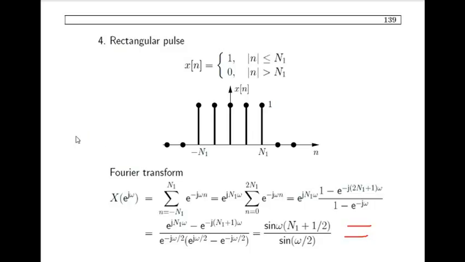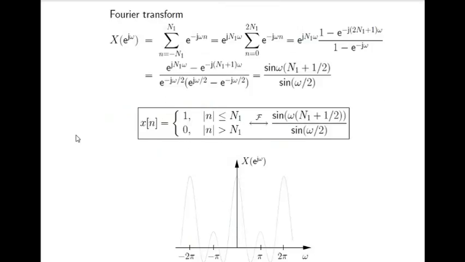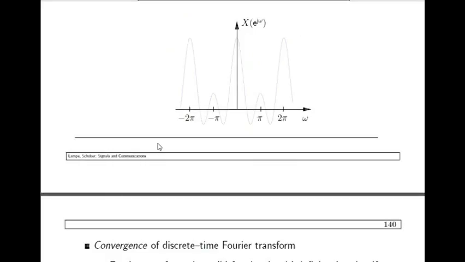Then it will be easier to solve. As you can see, this is your curve for the Fourier transform, which is a sine upon sine function. So this was all in the examples.